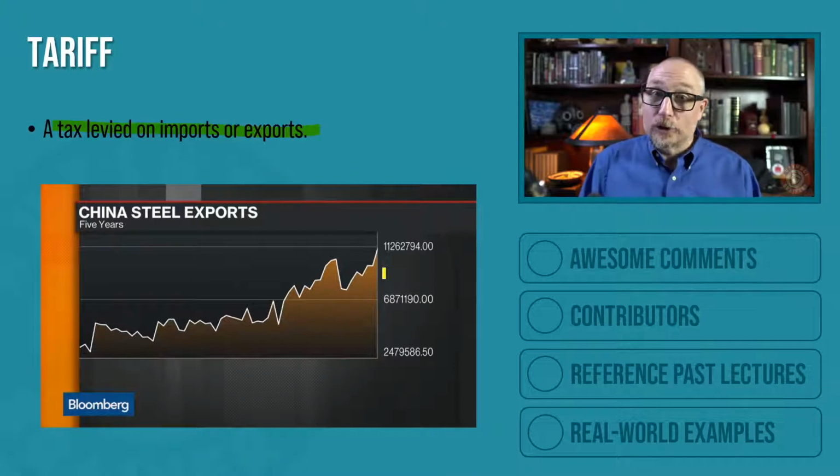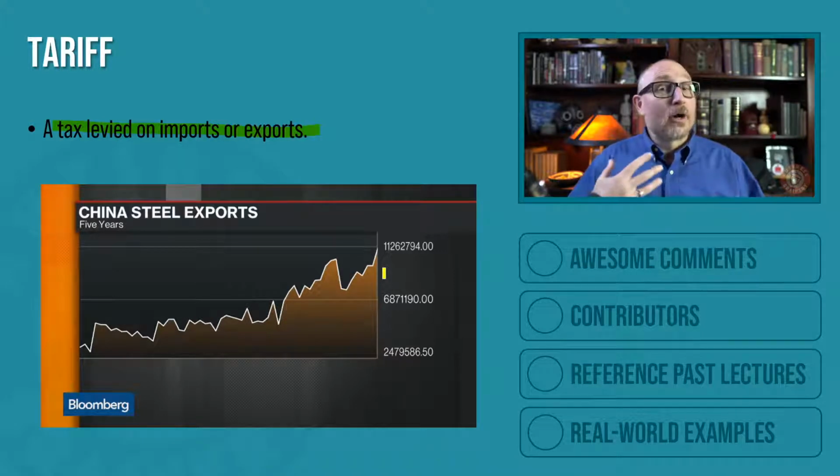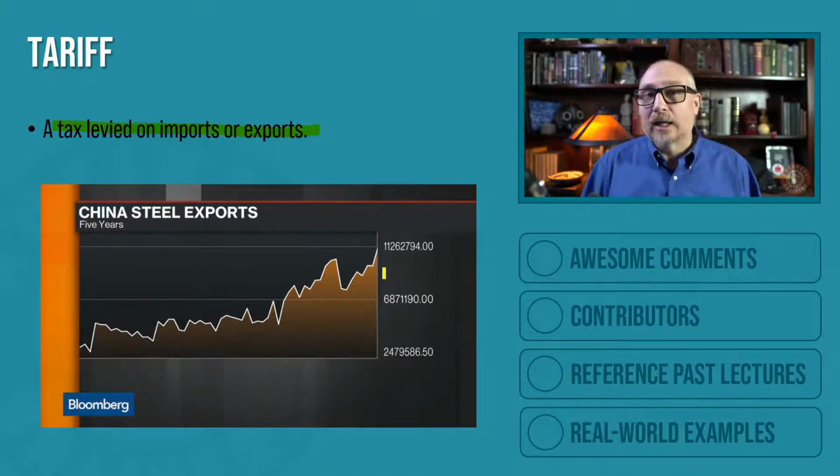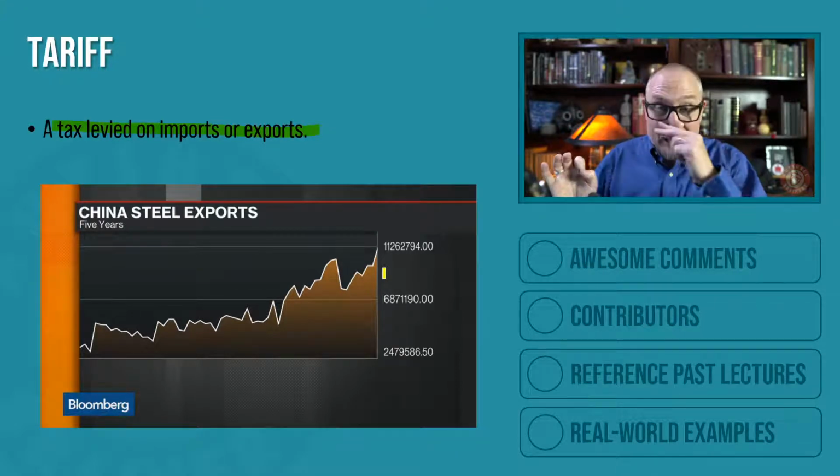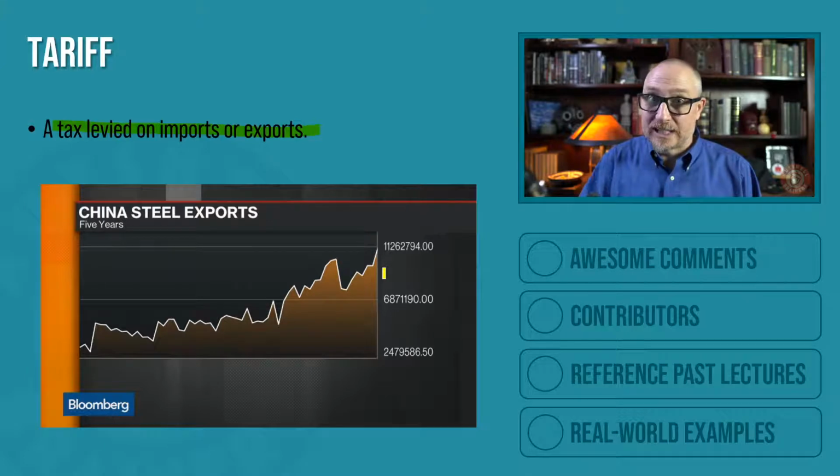That was before the COVID outbreak this year. Back in 2019, the trade wars with China were all the rage. They were all the news. For a variety of reasons, again, that comes Thursday. But one of the big tools we used in that trade war was tariffs.